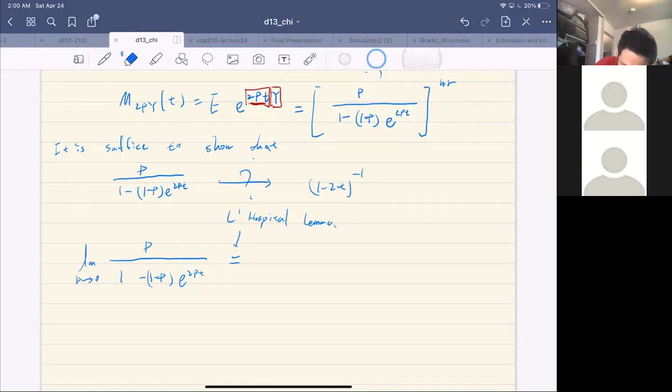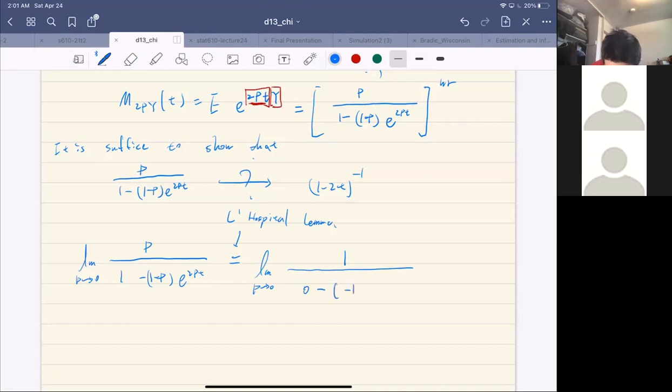So this is equal to the limit as p goes to 0. The derivative of the numerator is 1, and for the denominator it is 0 minus negative 1 e to 2pt minus 1 minus p e to 2pt and 2t.